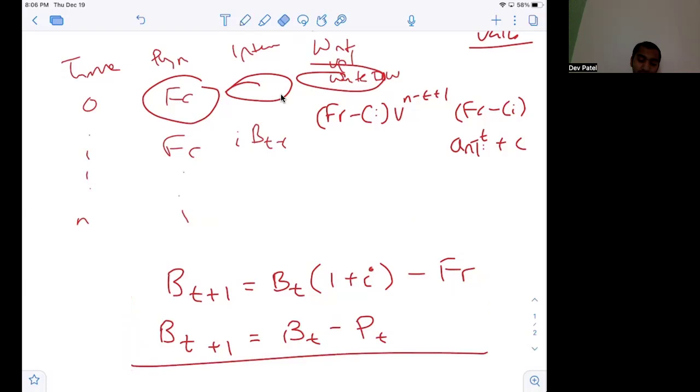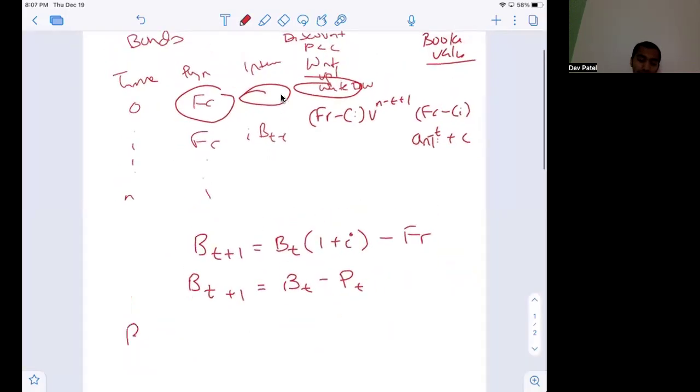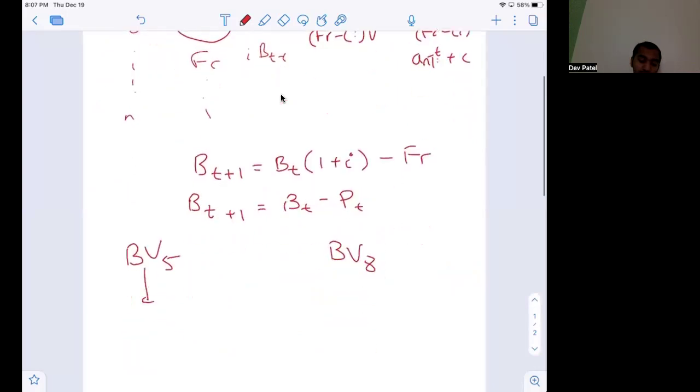Another way is by using present value and future value. If we have book value at time 5 and book value at time 8, this can be our present value and this can be our future value, negative portion.